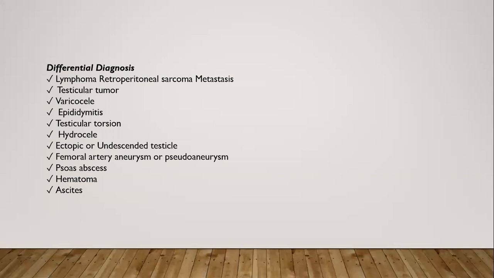You can have an ectopic or undescended testicle, a testicle that has never descended. It is just in the abdomen. That can be a differential as well. You can have hematoma, ascites, or a femoral artery aneurysm. Now remember, we've talked about femoral hernia.